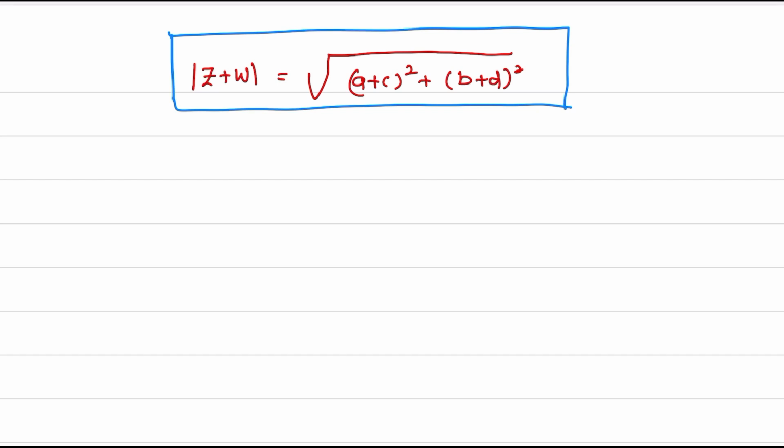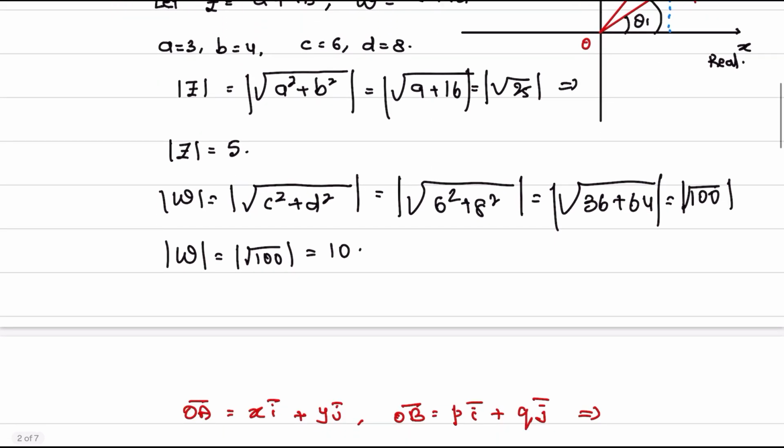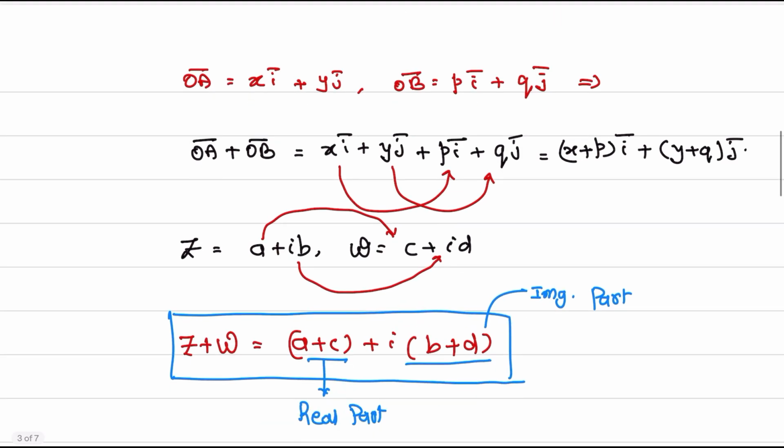Now, here, what we have taken as an example, A is equal to 3, B is equal to 4, C is equal to 6, D is equal to 8. In the previous example, if you see, I am explaining with the example also. These are the values. You put them here.